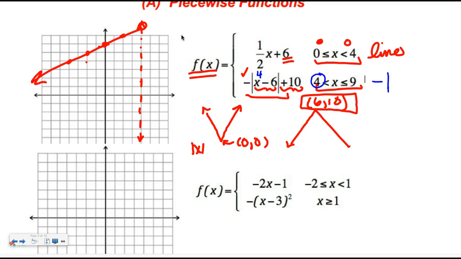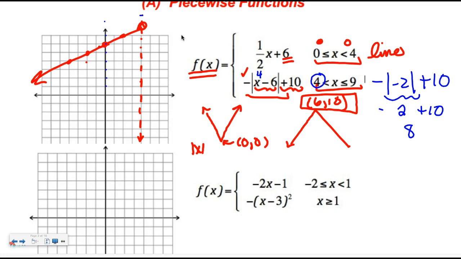It'd be negative the absolute value of negative 2 plus 10. This is 2. We have the negative out front plus 10. I'm at 8. So really what I have is an open dot at, what number did I just put in there? 4, 8. So it'd be kind of, my grid isn't the best. So 1, 2, 3, 4, 5, 6, 7, 8.